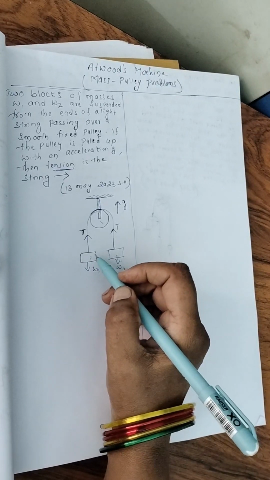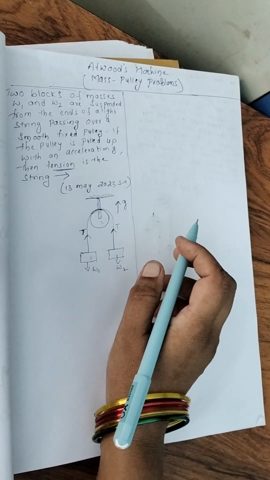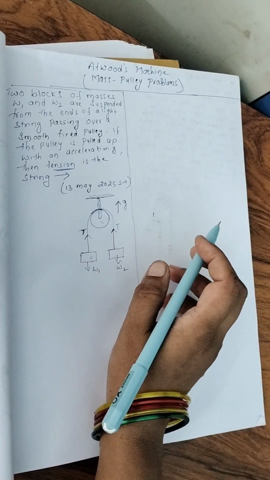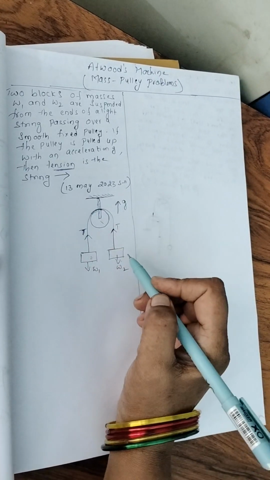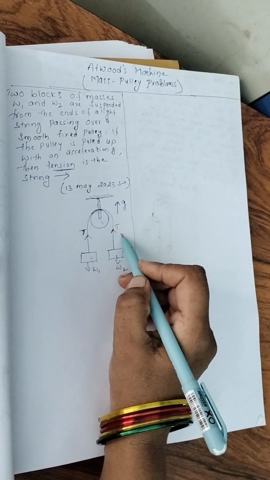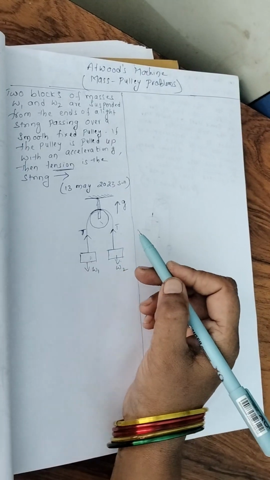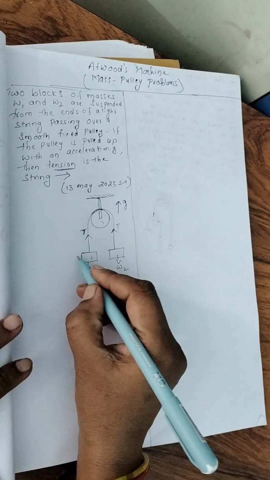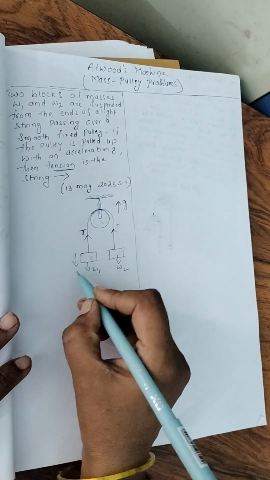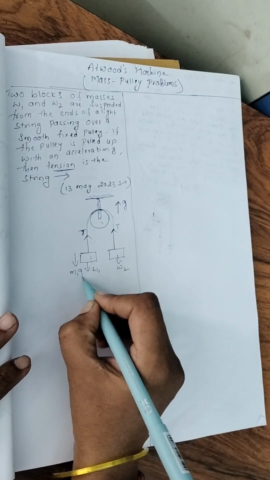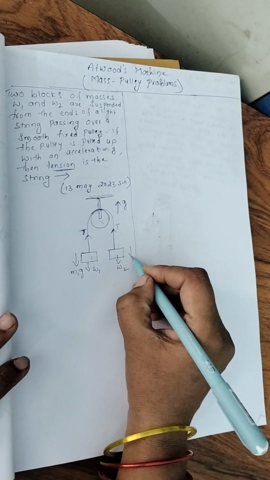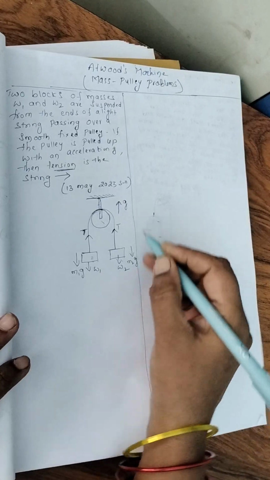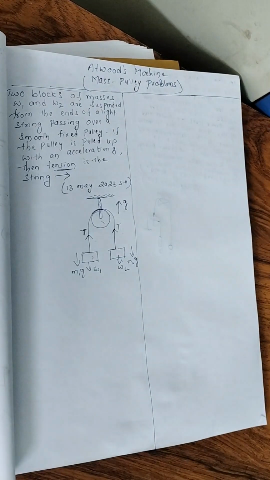The second thing, until the string changes, tension will be the same. Here, same string, so tension is also the same. If the string changes only, tension will change. Now next, gravitational weight, let it be M1g, acts in downward direction. Here M2g acts in a downward direction, gravitational weight.